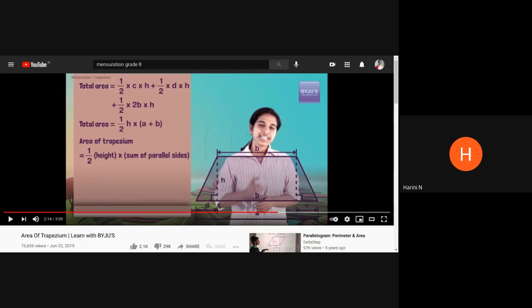We are talking about the area of the rectangle. So what should it be? What is the area of a rectangle? Just now we have written, no? What's the area of a rectangle? 2 into L plus B. No, area. Sorry, I'm not asking the perimeter. Length into breadth. L into B. So for me, the length of the rectangle here is clearly visible as B. And the breadth is nothing but the height of the trapezium.